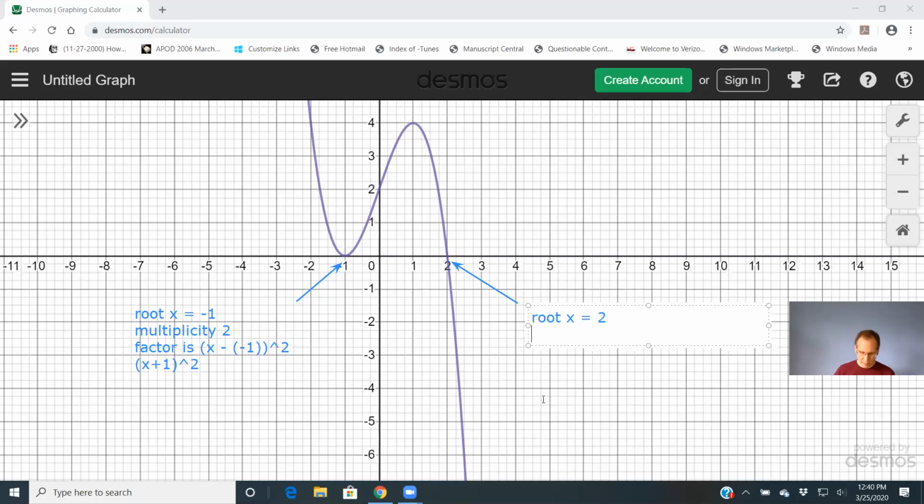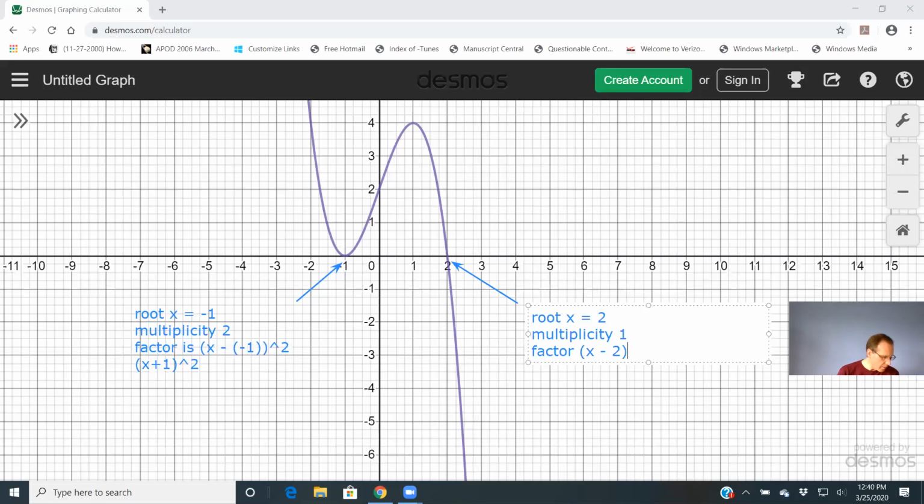So it just has multiplicity 1, or it's a single root. That means the factor that it came from was x minus 2 to the 1 power, so that's just x minus 2. So that's the particular factor, okay?